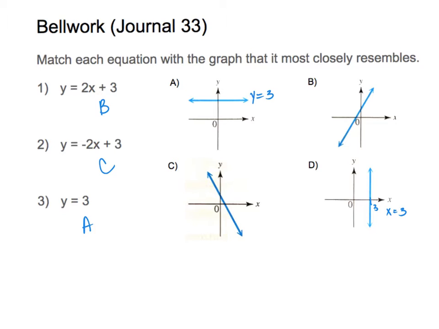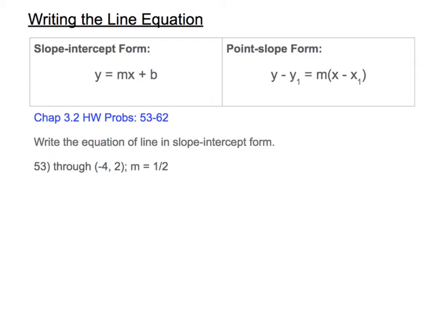All right. So now that we've played with some graphs and matched them up with their correct equations, today I want us to talk about writing the line equation if you're given some conditions. So let me show you 2 forms that can help you write the equation of a line.